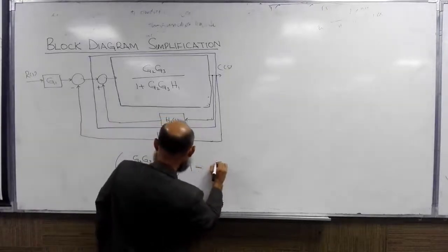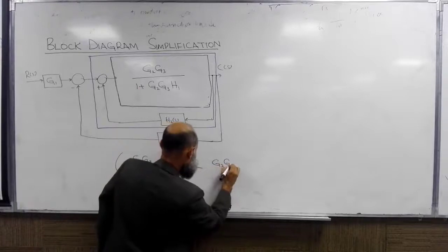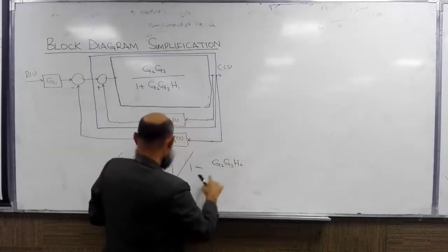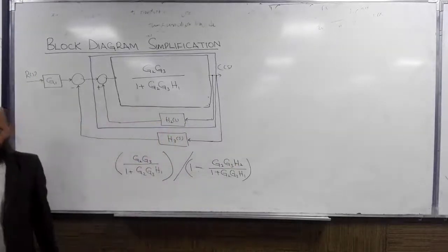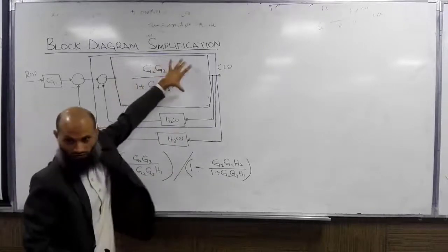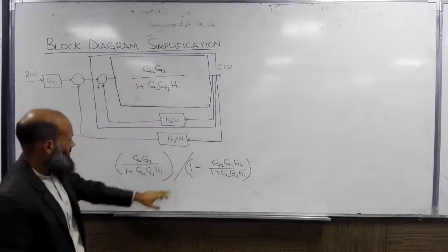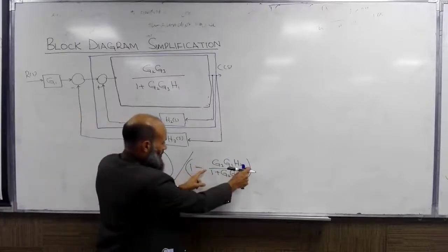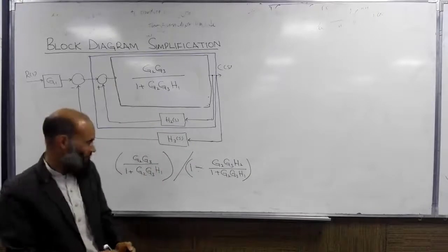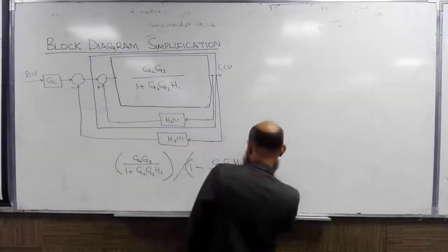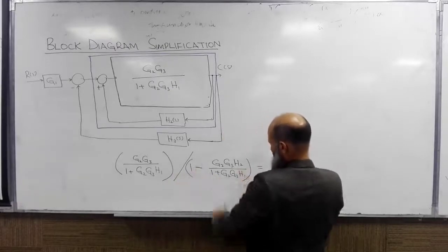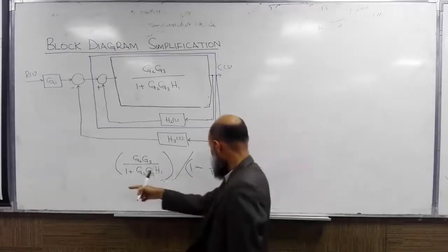This whole transfer function into G2, G3, H2, right? Forward transfer function divided by 1 minus forward transfer function into the transfer function which is in the feedback path. And this is equal to, if I multiply this over here as well, it is cancelled out with this one.